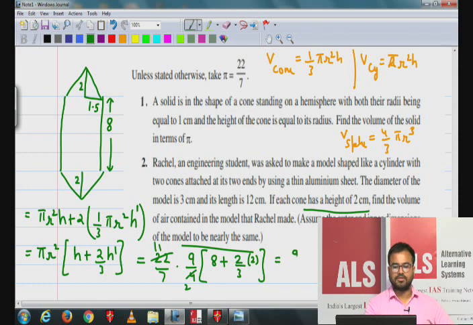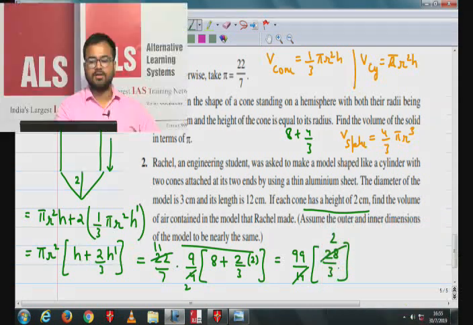So this will be 99 over 14. And it is 8 plus 4 by 3. So 8 plus 4 by 3 is 28 by 3. Now 14 2 times 28, and 3 33 times. So it is going to be 66 centimeter cube. This is the answer.